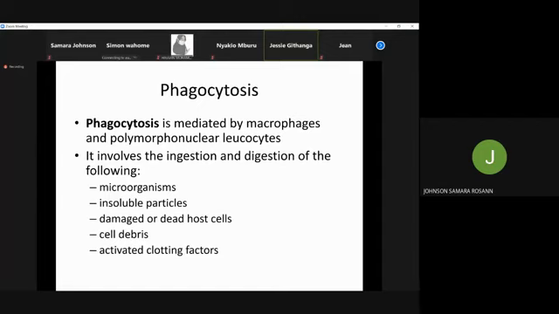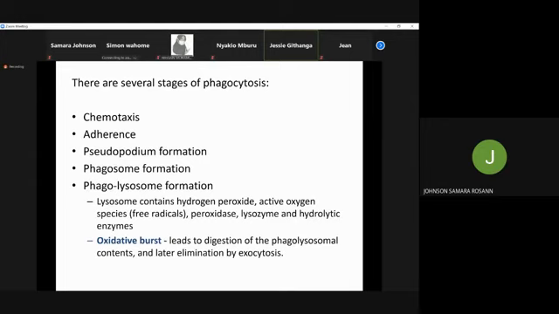Now, there are several stages of phagocytosis. The first one is chemotaxis. This is where the organisms secrete some chemicals which induce the white cells to move towards the site of infection or inflammation. Then they will adhere.